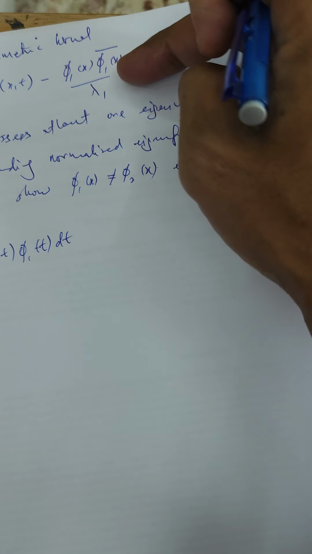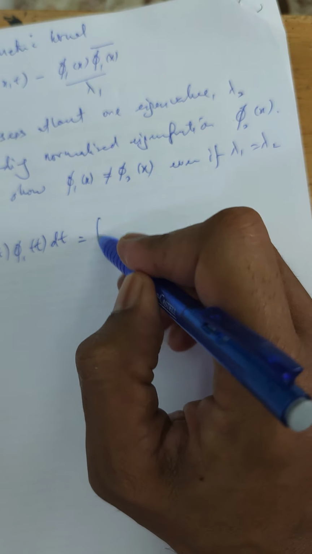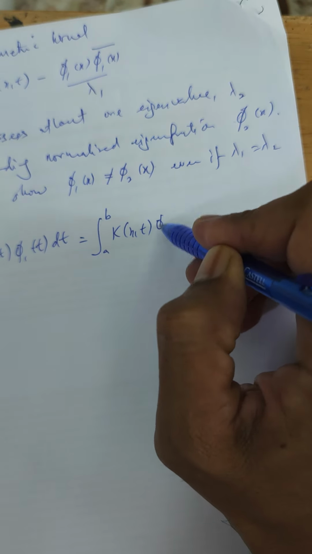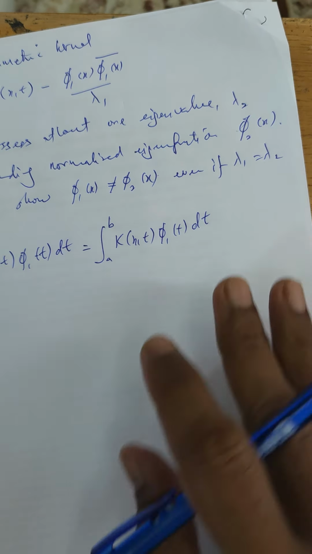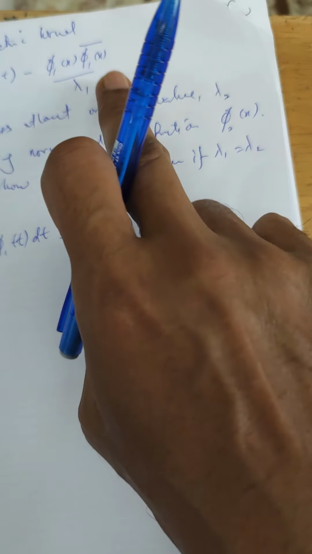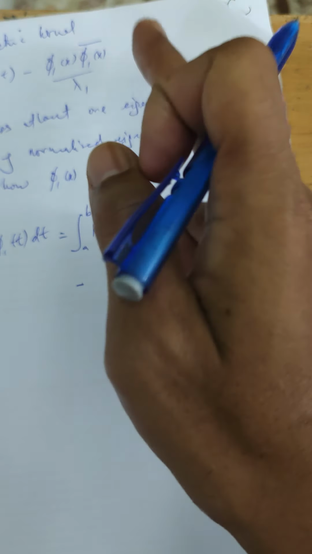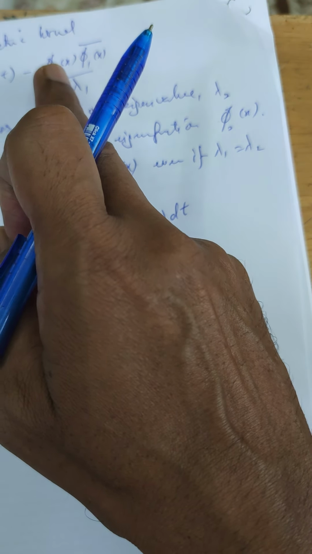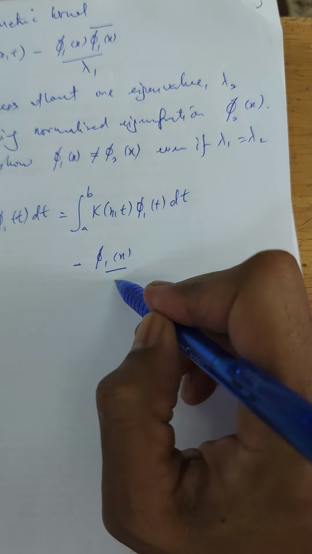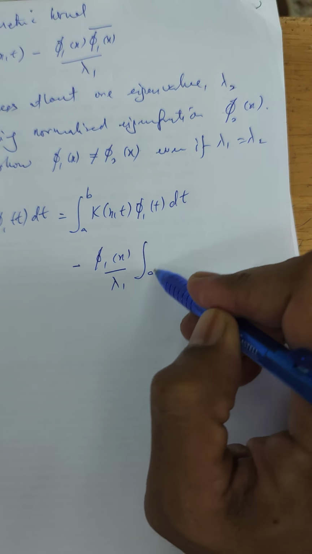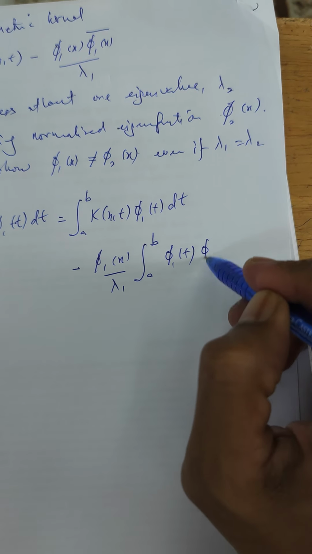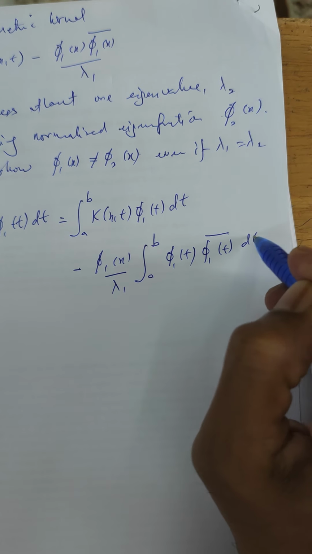So what happened? We do the same here. The right-hand side is the integral from a to b of k x t phi 1 t dt, minus, because we integrate with respect to t, so x we can take out, phi 1 x over lambda 1 times the integral from a to b of phi 1 t and phi 1 t bar dt.